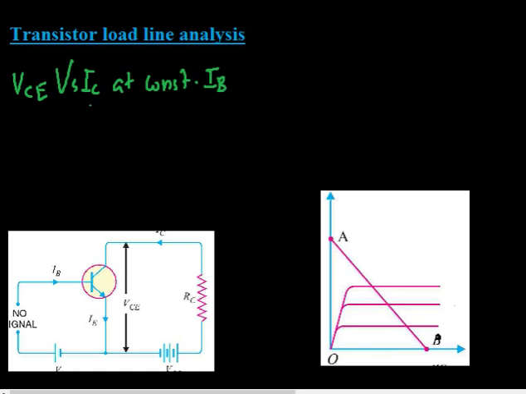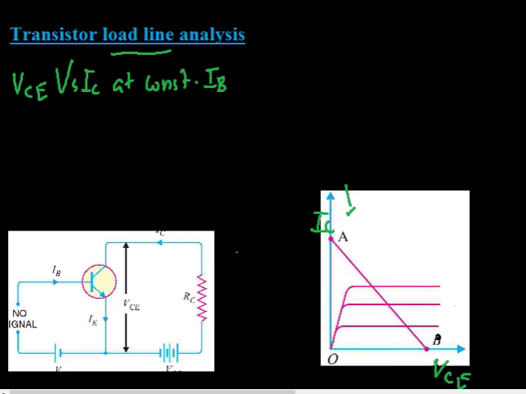So in most practical situations we will use this load line instead of output characteristics. If we come to this diagram on the right, you can see that these curves represent the output characteristics with VCE along the x-axis and IC along the y-axis.